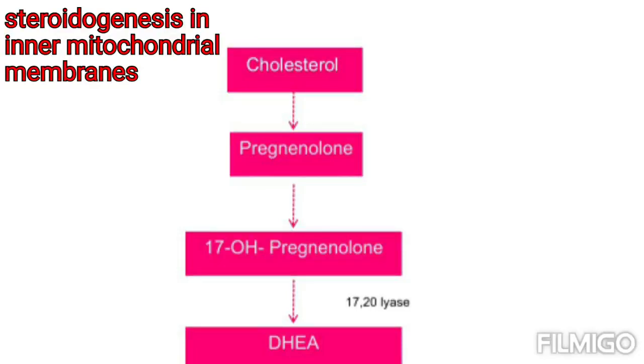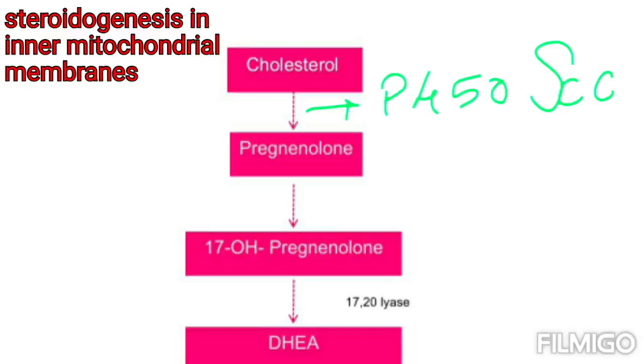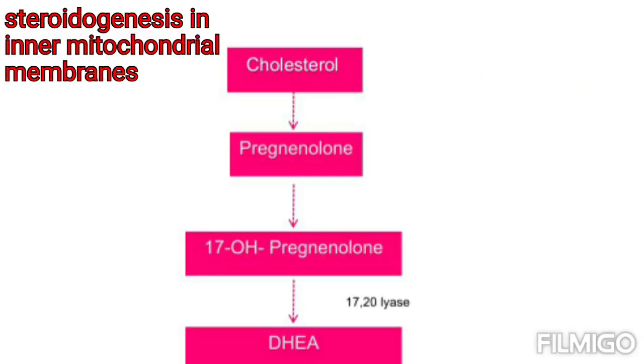At the inner mitochondrial membrane, cholesterol is converted to pregnenolone by the action of P450-SCC. Pregnenolone gets converted to progesterone by 3-beta hydroxysteroid dehydrogenase.